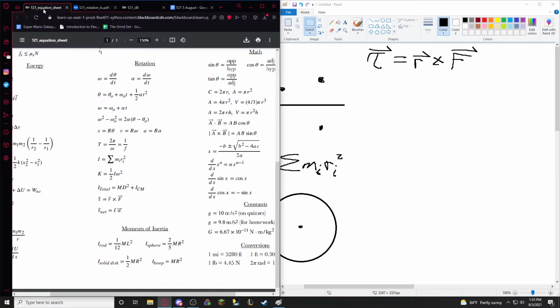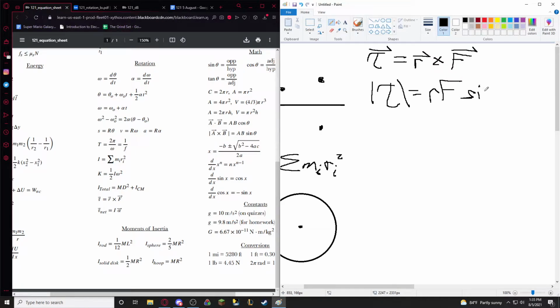I'm not sure. So a cross product is effectively a way of multiplying vectors together, where first of all we want to find the magnitude of a cross product. The magnitude of the cross product is just the magnitude of each of the two vectors. Essentially, it's just r times f times the sine of the angle between them.